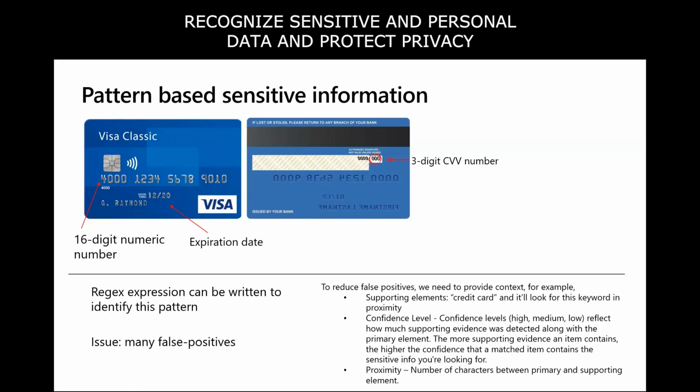These are parameters that can fine-tune and reduce your false positives, so that it can identify your sensitive information more precisely, okay? So that's from the pattern base.